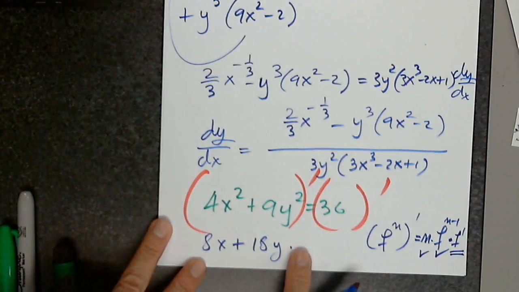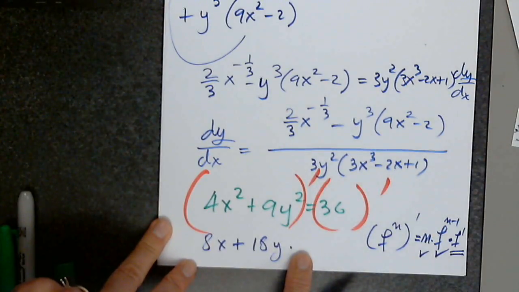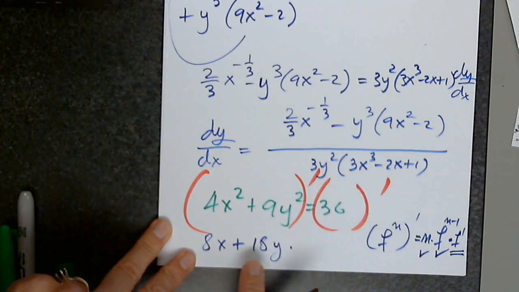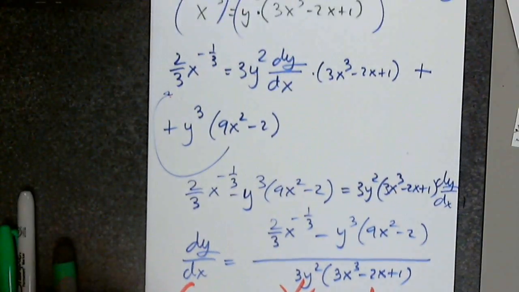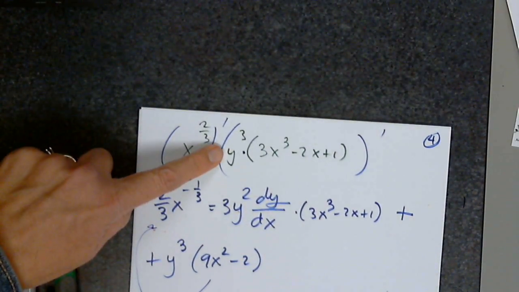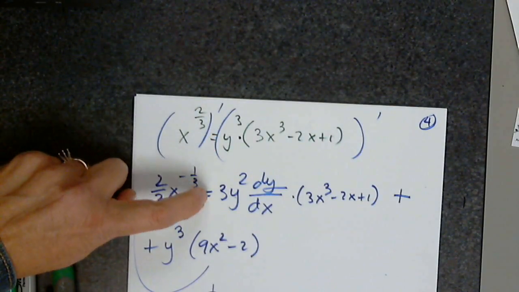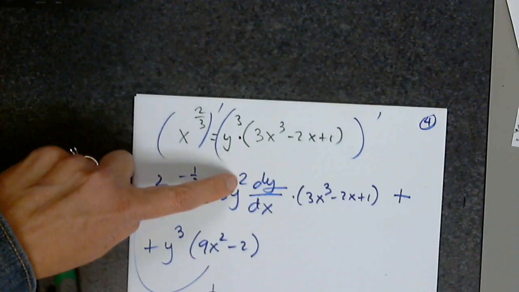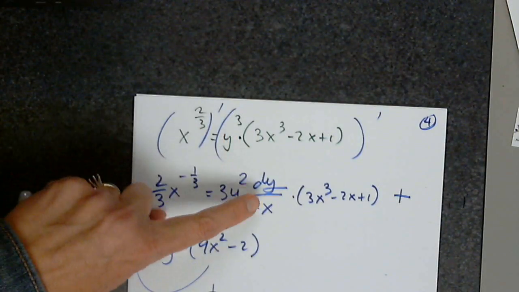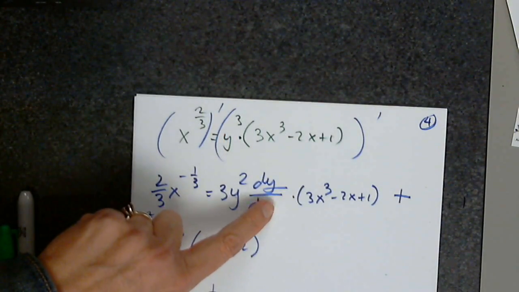So what do I write? What did we write before? How did I differentiate y cubed before as a function? What did I write? 3, I subtracted 1 from the power, times the inner function prime. How do I write the inner function prime?